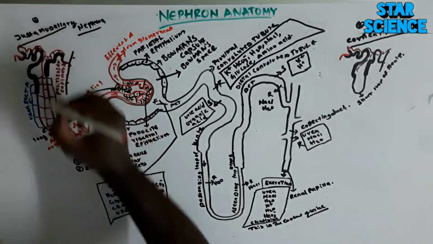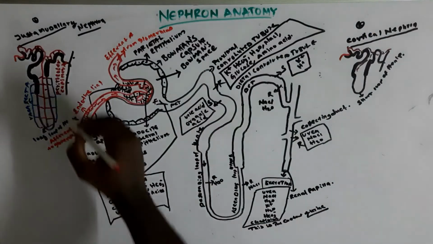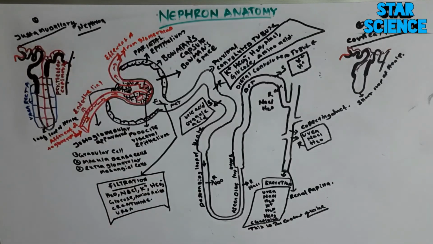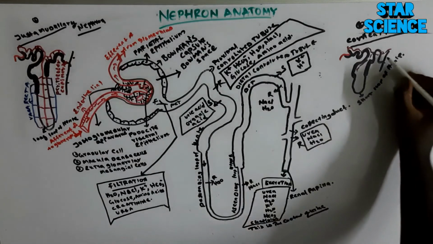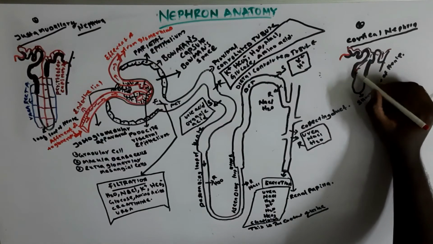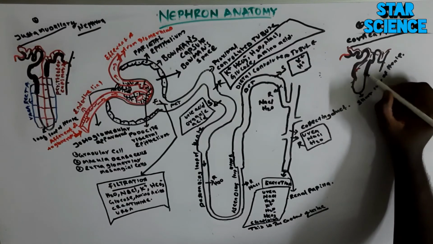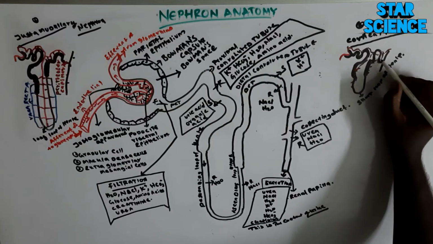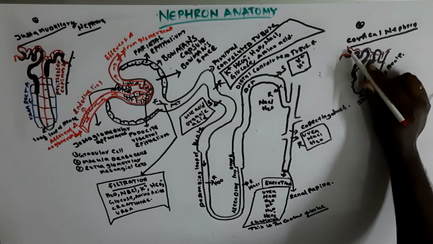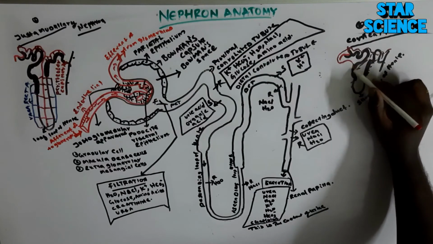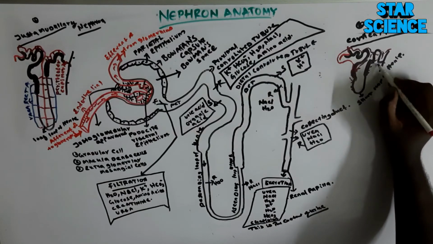I want to give you a clear structure of the two nephrons. The difference is that the loop of Henle is longer in the juxtamedullary nephron, and the cortical nephron has a short loop of Henle and doesn't have the vasa recta, but the juxtamedullary nephron has the vasa recta. So these are the two different things you have to remember, and it will be useful in your studies.